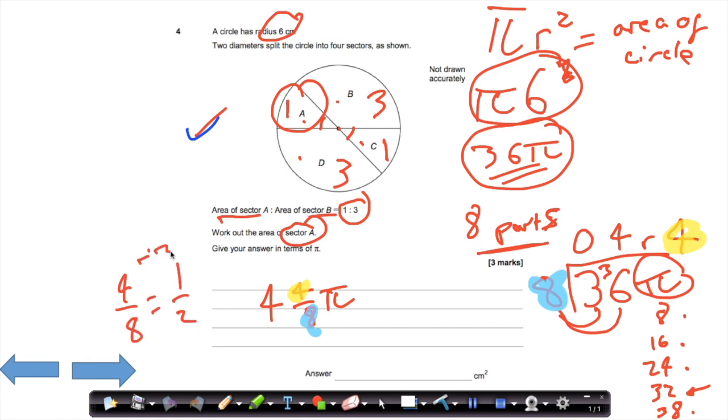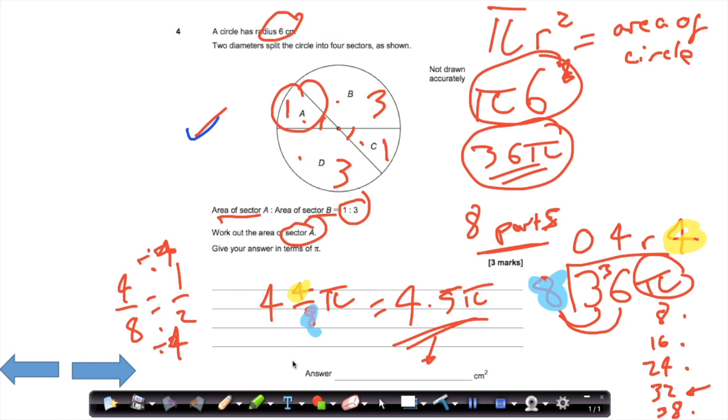Divided by 2, divided by 2, so divided by 4. 4 divided by 4 is 1. 8 divided by 4 is 2. So this will be 4.5. So it's 4.5 pi. That is the area of that sector.